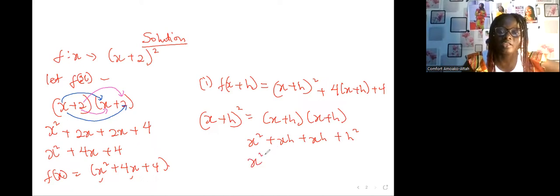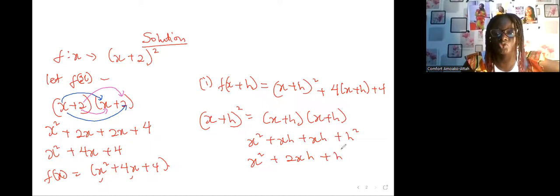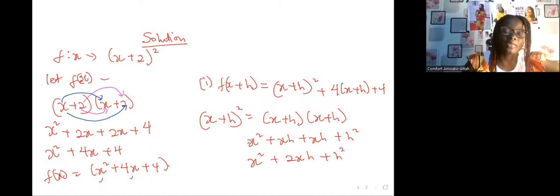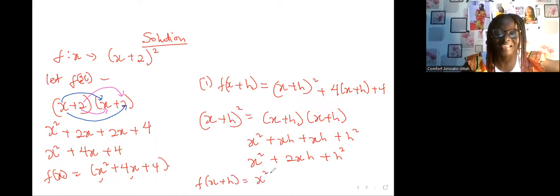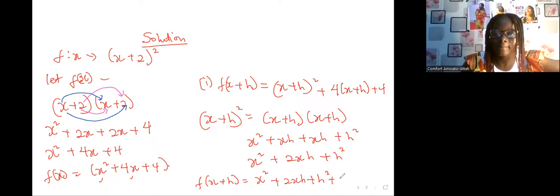So simplifying this, x squared plus 2xh plus h squared. Now we add to this. So we are going to get f of x plus h is equal to x squared plus 2xh plus h squared plus 4x plus 4h.